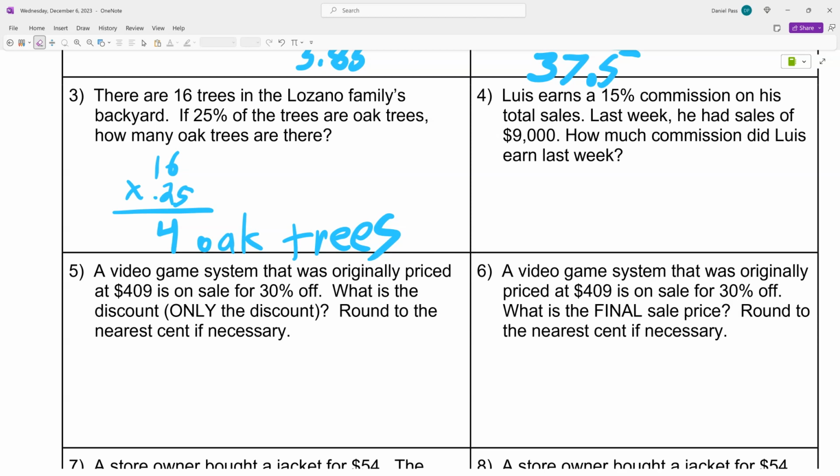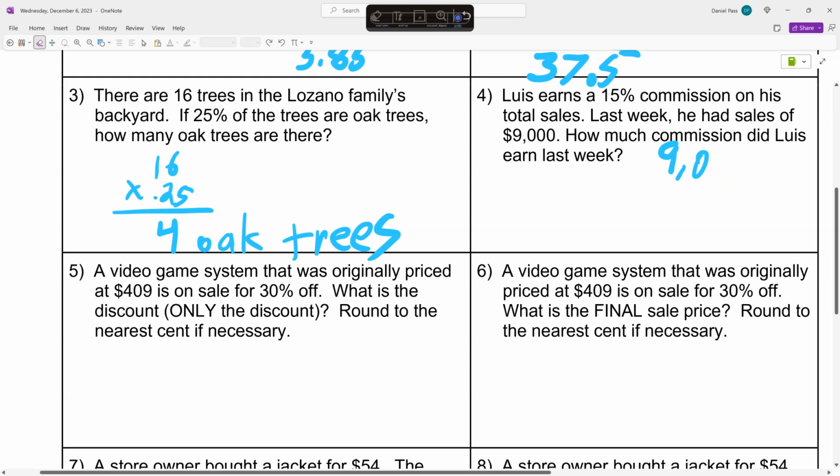All right, number 4. Luis earns 15% commission. And what is commission? It's just a percentage. That's how much they're going to pay him because he just sold a car that costs $9,000. So how do we do it? We just multiply. Again, all these problems are pretty much the same. Times 0.15.